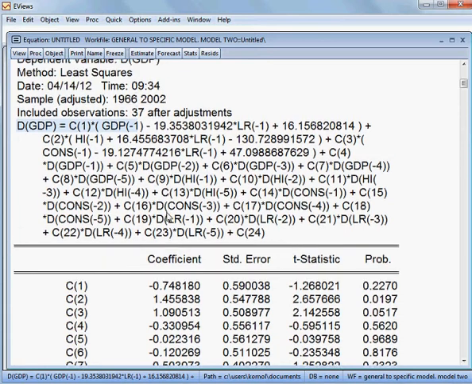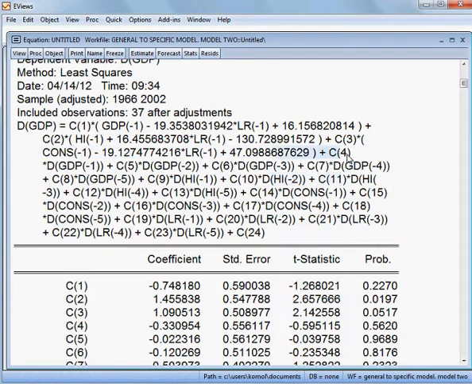And you know that C1 is the coefficient of the first co-integration model, C2 is the coefficient of the second co-integration model, and C3 is the coefficient of the third co-integration model.